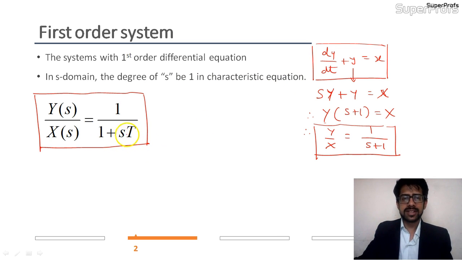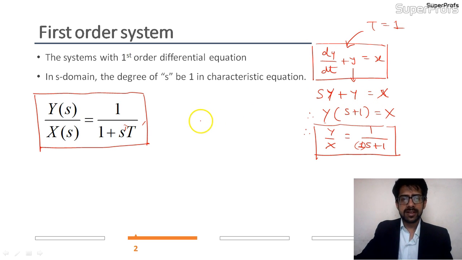So here, as you can see, power of s is 1, and hence this is known as a first order system. The coefficient of s when the first term is 1 is known as the time constant of the system. So herein the capital T is equal to 1 in this particular system, hence the time constant of this system is T is equal to 1. Okay.